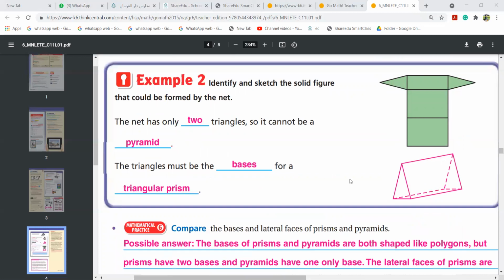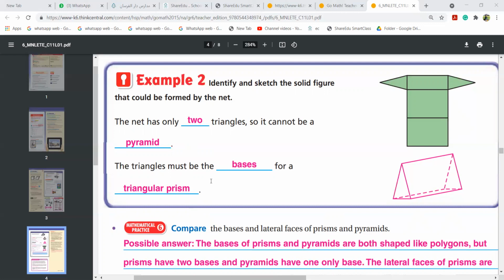Okay. Now you have this figure. When you close it, you get it this way. There are only two triangles here. Can it be a pyramid? Because you also see rectangles. The bases are rectangles, right? So it cannot be a triangular prism. The triangle must be the base for a triangular prism.